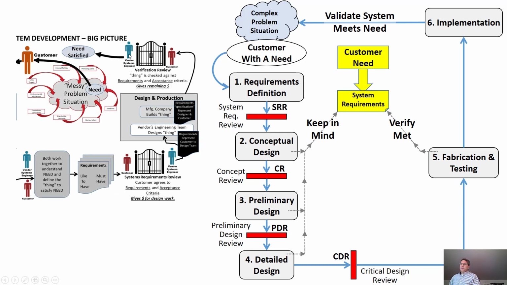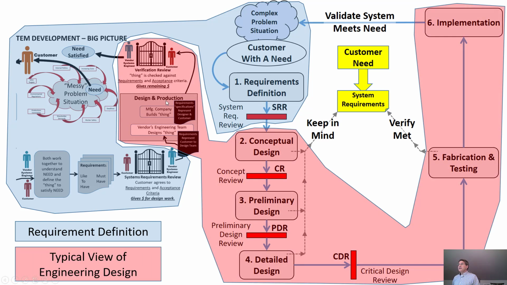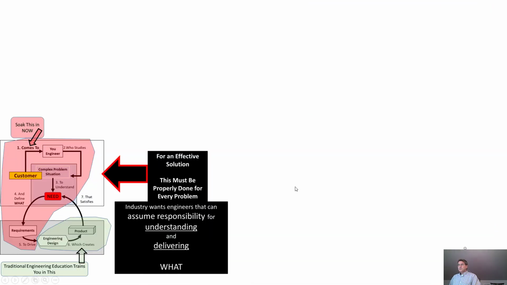If you look at that compared to what really happens in the real world, all this right here, that's the requirements definition. That's those top two pieces. This part right in here, the design and production going on in that company, that's these last steps with conceptual design all the way going through. So the blue, what I call requirements definition, the red is that typical view of engineering design.